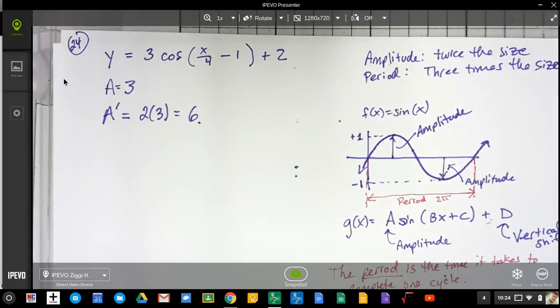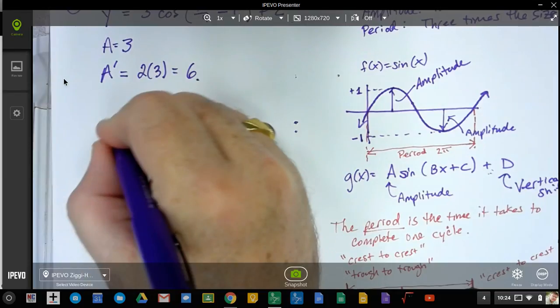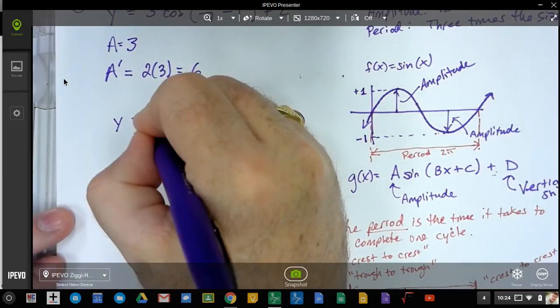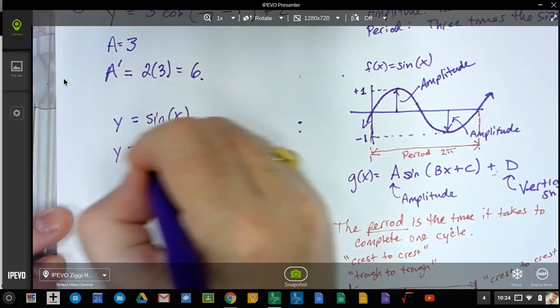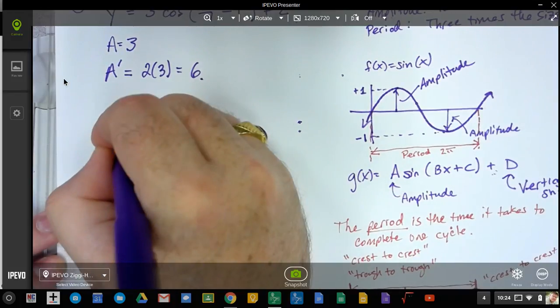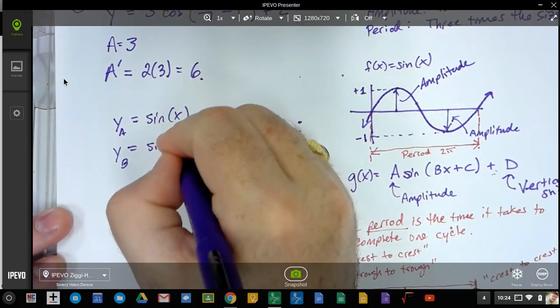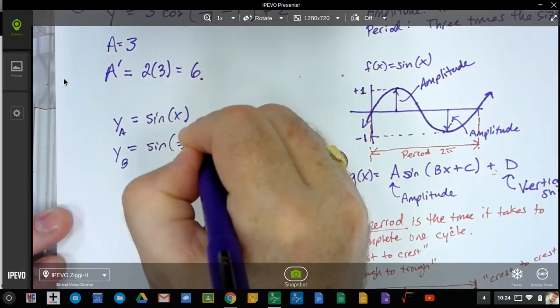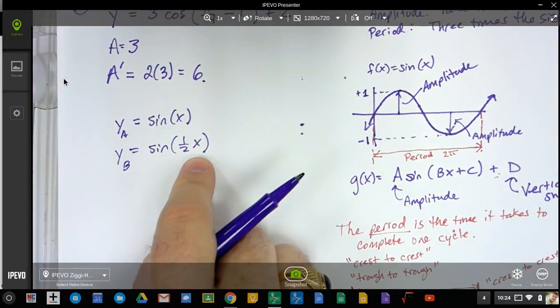So if you look at this, if I gave you a function y equals sine x and y equals sine, we'll say this is a and this is b, sine of 1/2 x, which one of these is going to hit 2 pi the quickest?